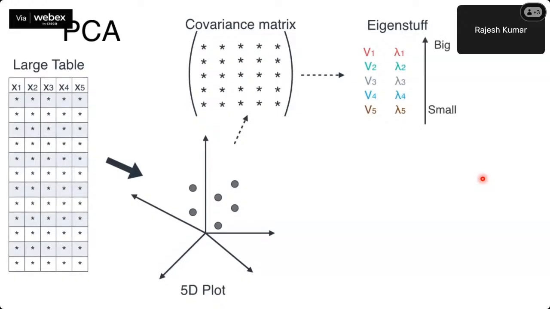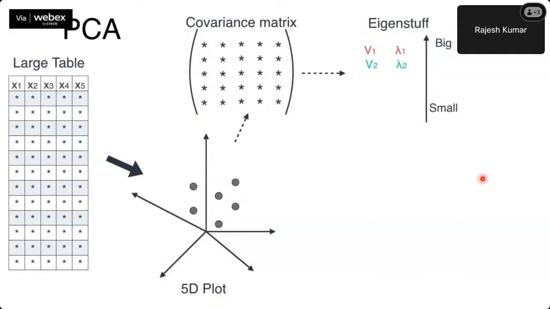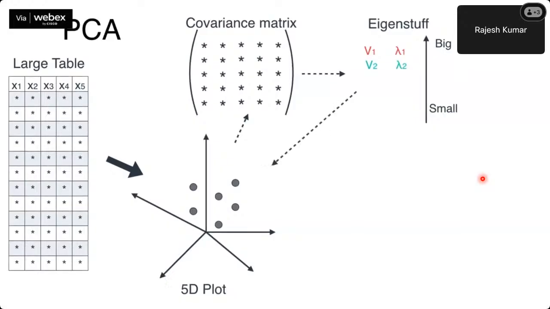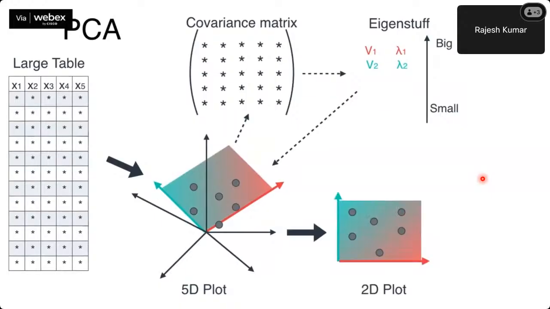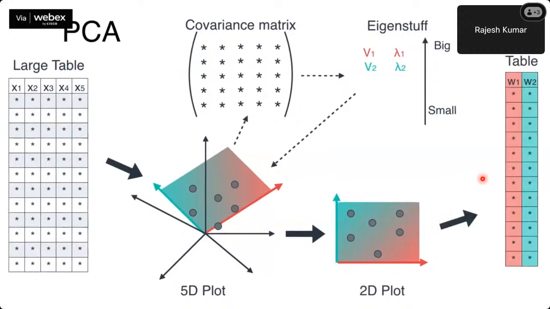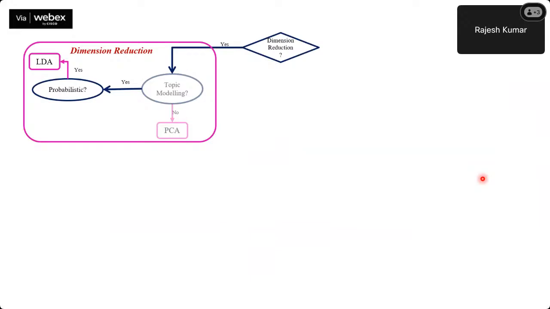We rank them from small to big, choose the top 2, and apply them here. We will get 2-dimensional data. So we have converted a 5-dimensional problem to a 2-dimensional one. This approach is known as PCA, principal component analysis. So, a large table to a small table.